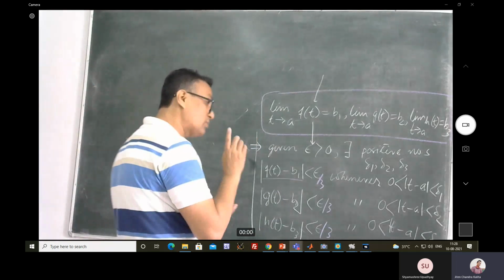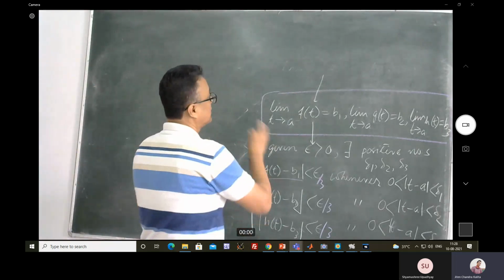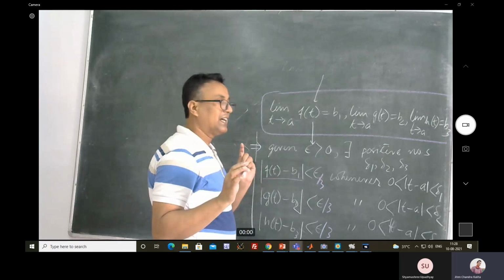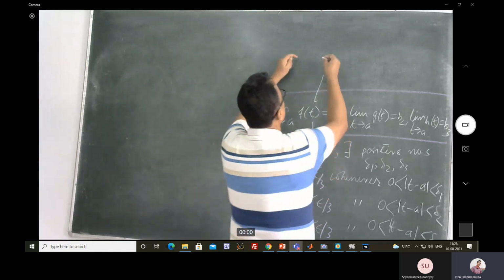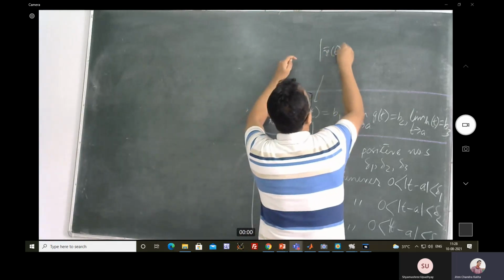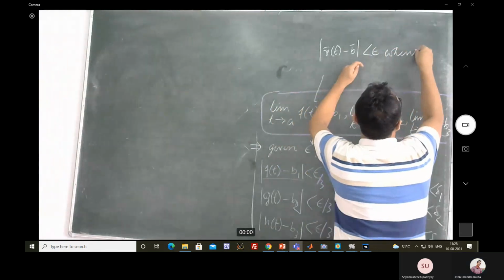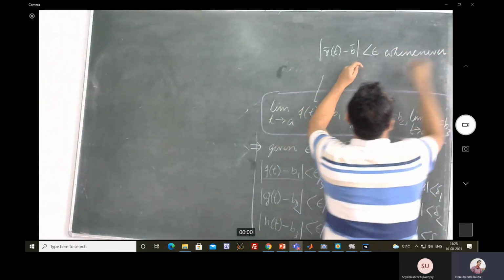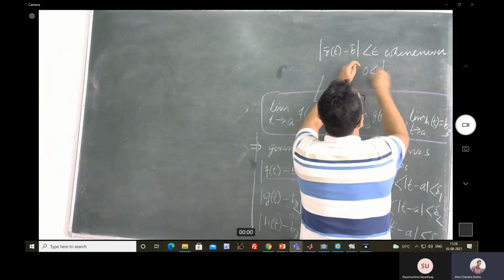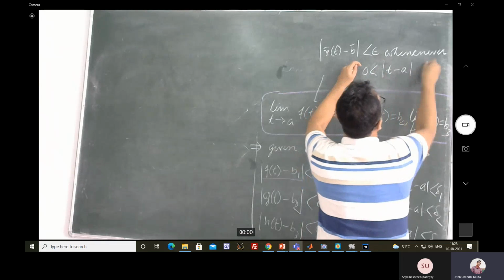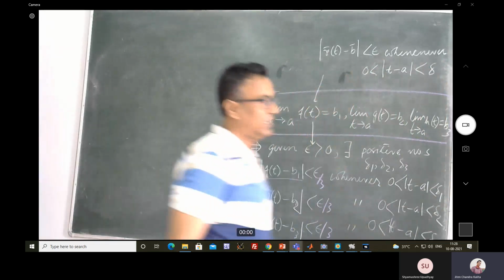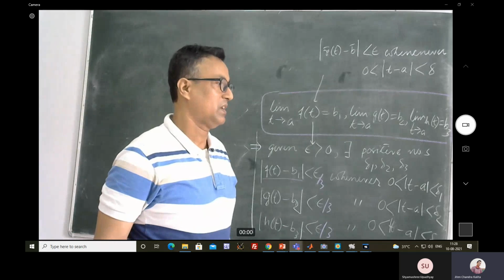See, remember what we are trying to prove is that, given that the limit exists, we want to prove that |r(t) minus b| is less than epsilon whenever 0 is less than |t minus a| is less than delta, where delta is some positive number.